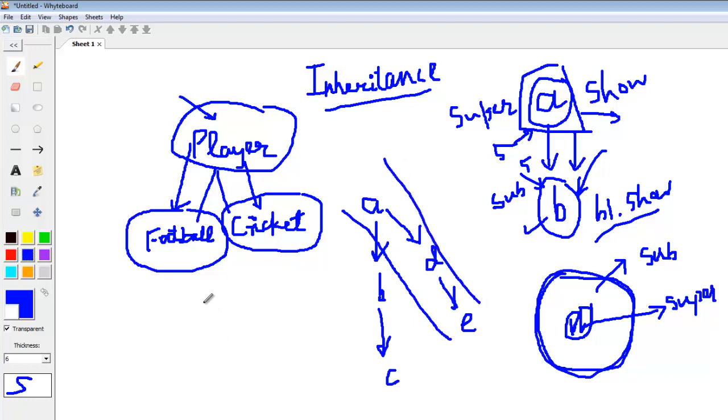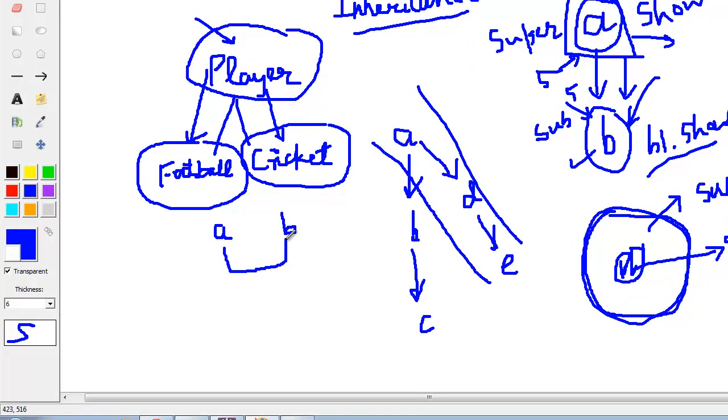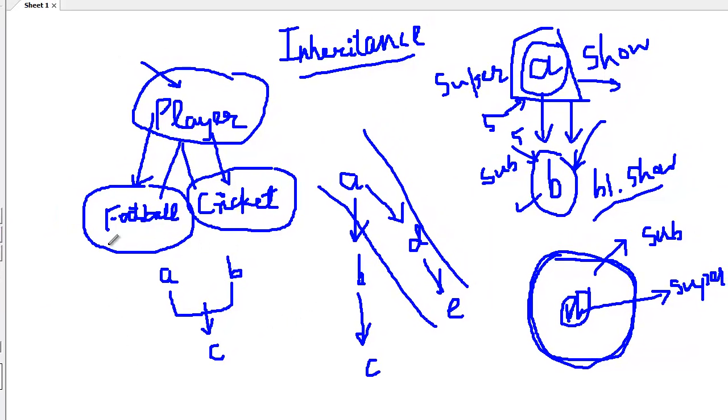What we cannot have in this case is A and B both extending into C at the same time. So this is what we call multiple inheritance. This we are not having in Java for reasons we'll discuss.